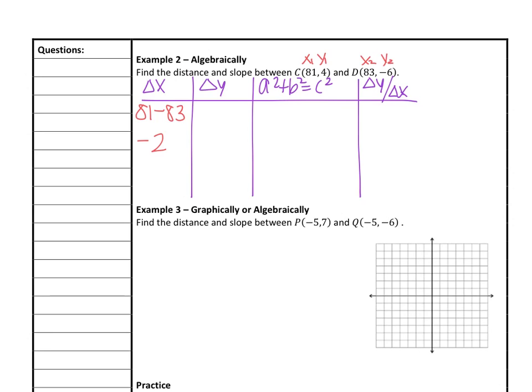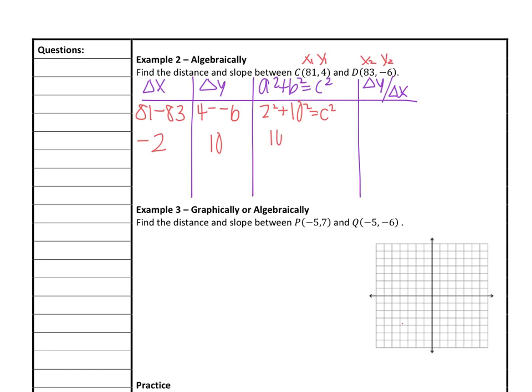Take the y values and do the same thing. 4 minus negative 6. That double negative turns to positive, so it's really 4 plus 6, which is 10. Now we're just plugging in. I can ignore negatives when I plug into Pythagorean Theorem. 2 squared plus 10 squared equals c squared. Type that right into your calculator.